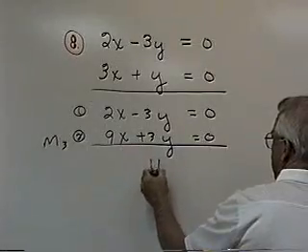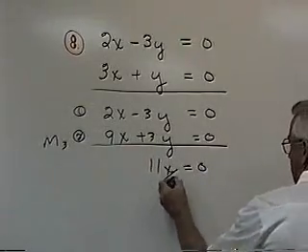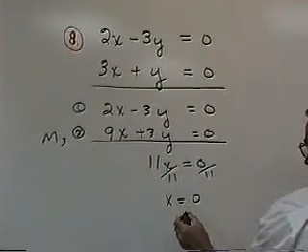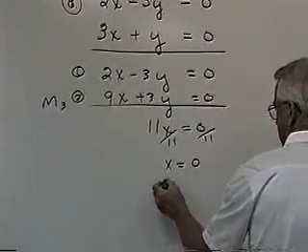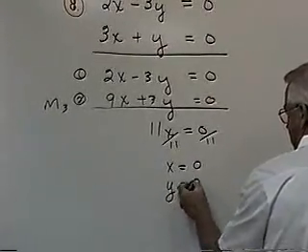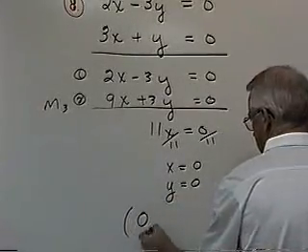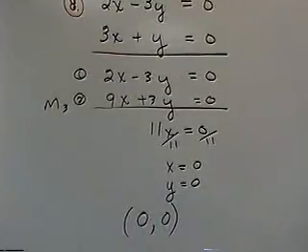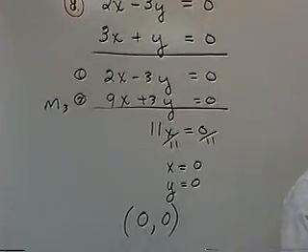Adding, we get 11x is equal to 0. Dividing both sides by 11, we get x is equal to 0. Now go back and plug that in the original equation, and you'll find that y is equal to 0. So the solution set is 0, 0. What that means is that the two lines intersect at the origin.